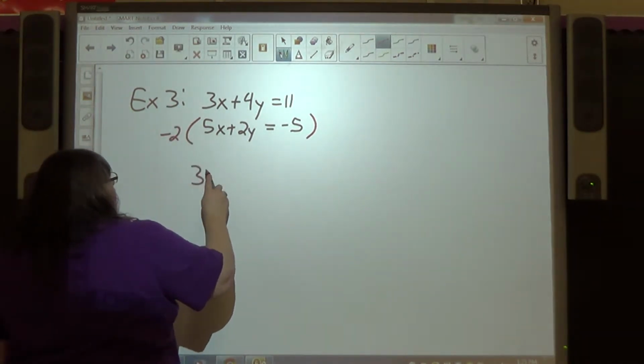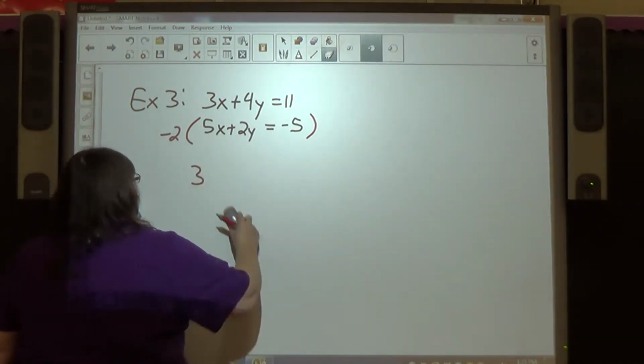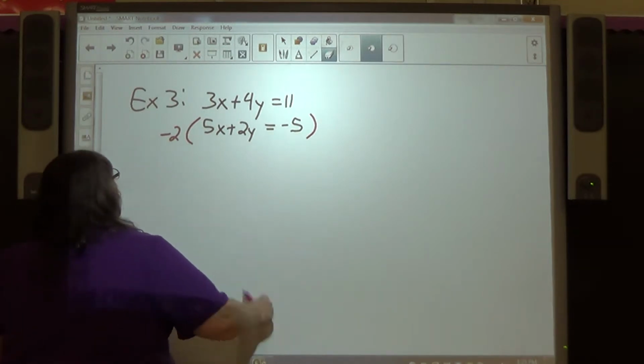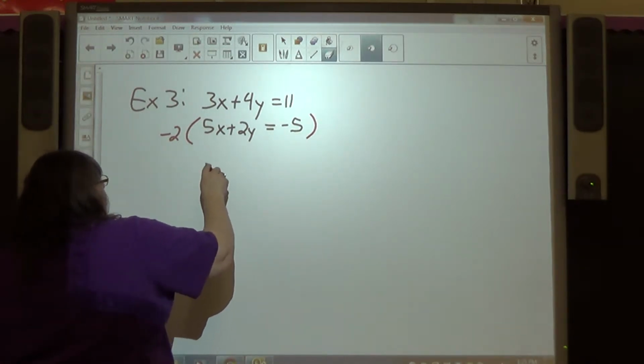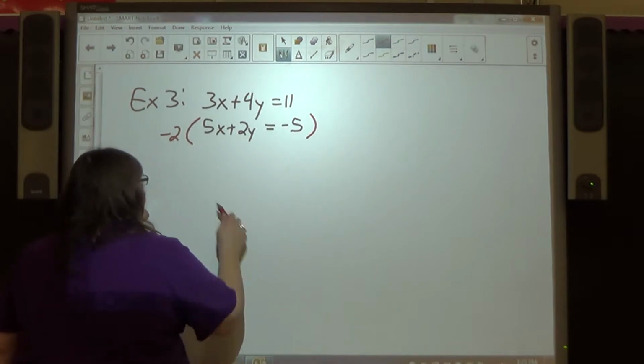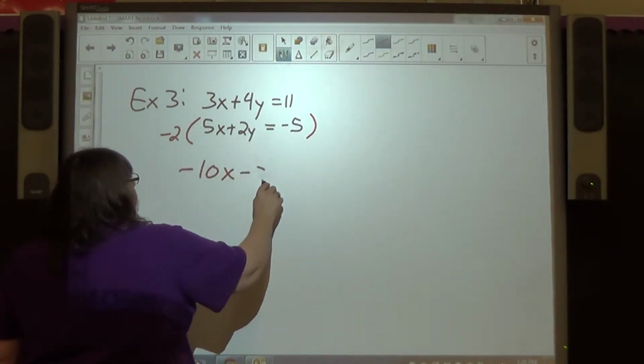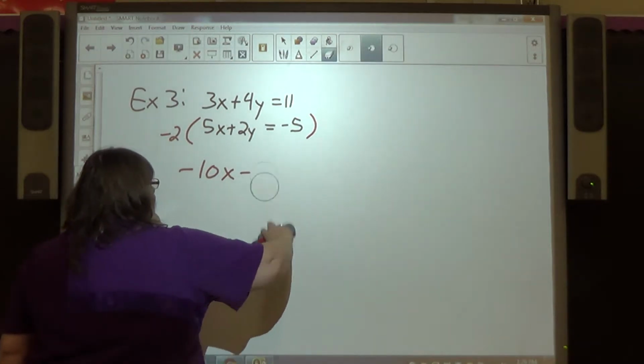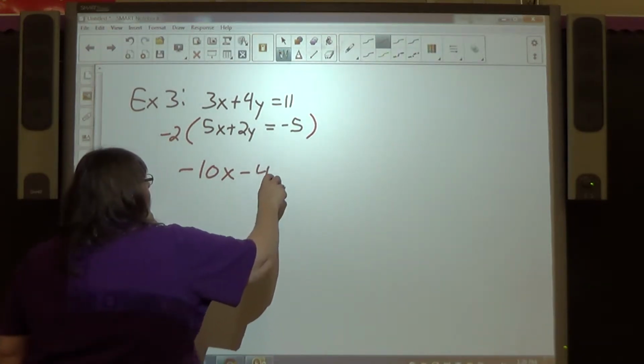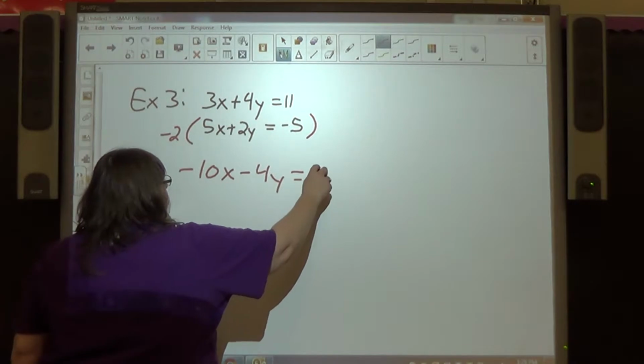So I get negative 2 times 5 is negative 10x. Negative 2 times 2y is negative 4y. And negative 2 times 5 is 10.